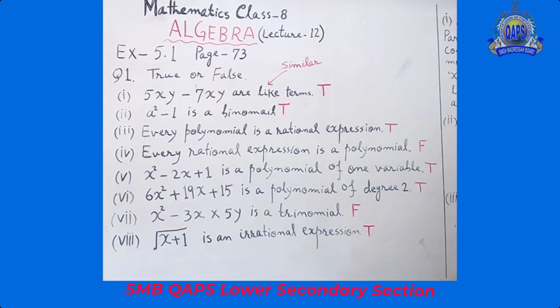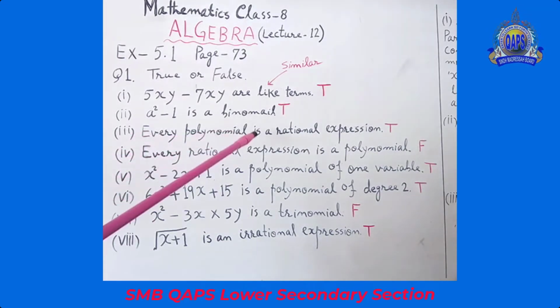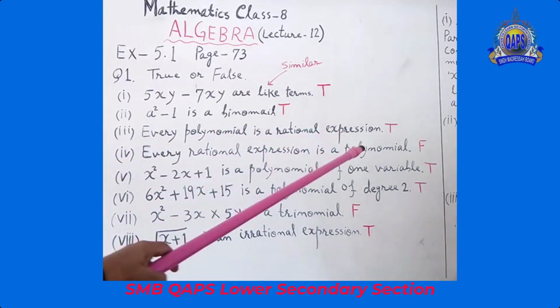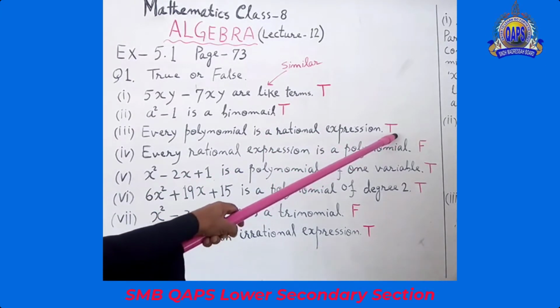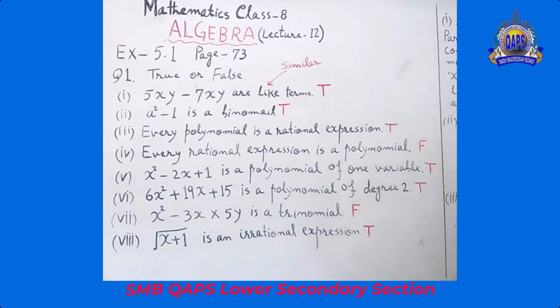I will write it, then you will understand. So, every polynomial is a rational expression. Answer is true. I told you the definition of rational expressions.